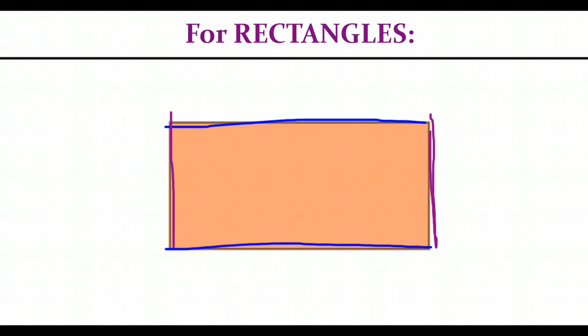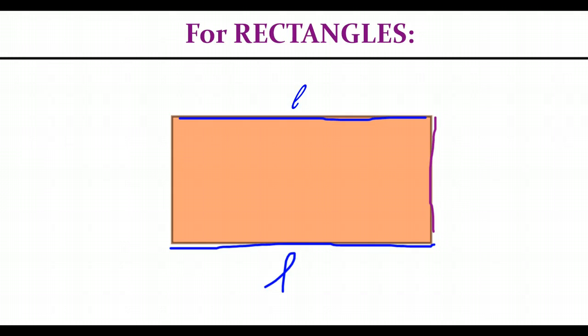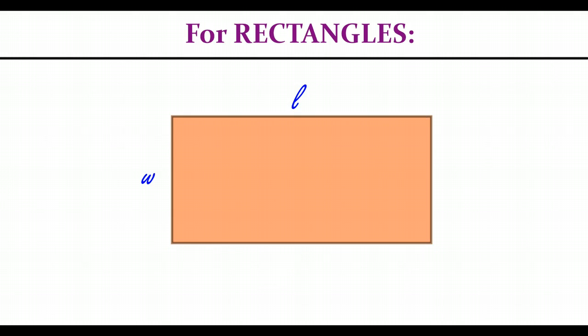Generally, for the sides that are longer, we call that the length of the rectangle, although any side technically could be the length. And because of the definition of a rectangle, two sets of parallel and equal sides, we know that not only is the top side of this one the length, we know that the bottom side is also the length. And then, of course, two parallel and equal sides, the two sides on the left and right. One we could call the width, and we know that the other then must also be the width.